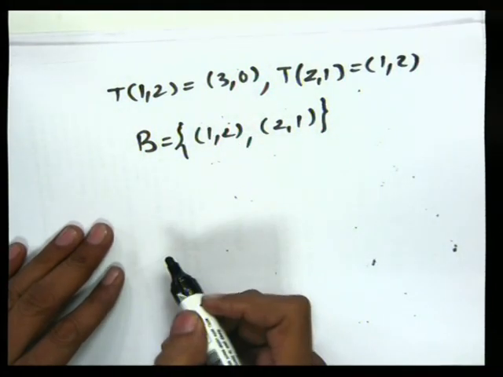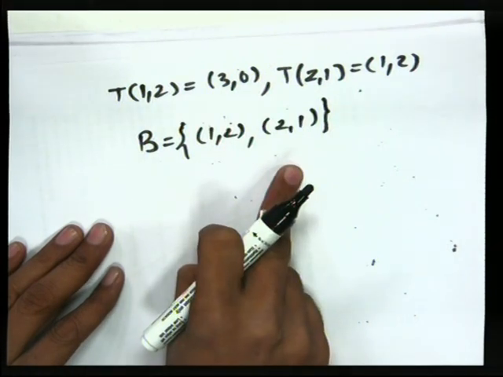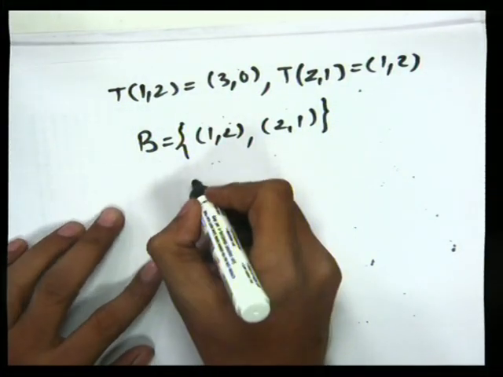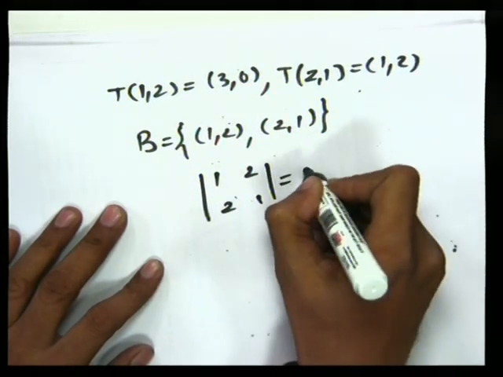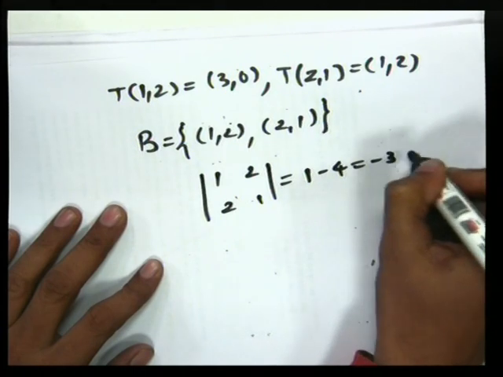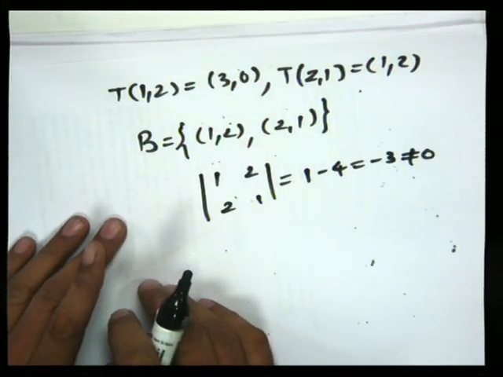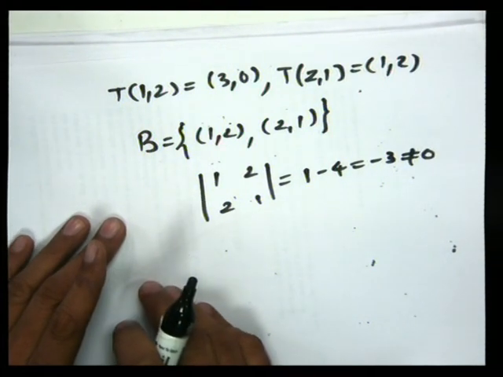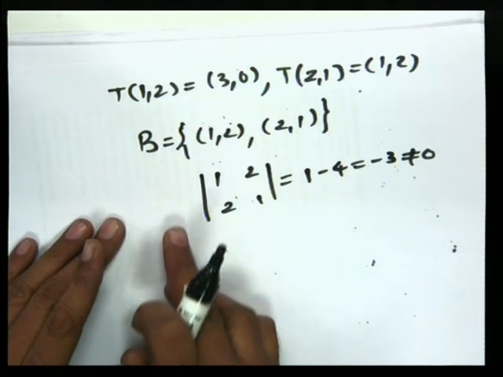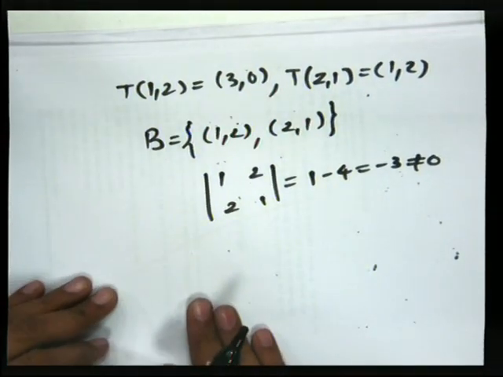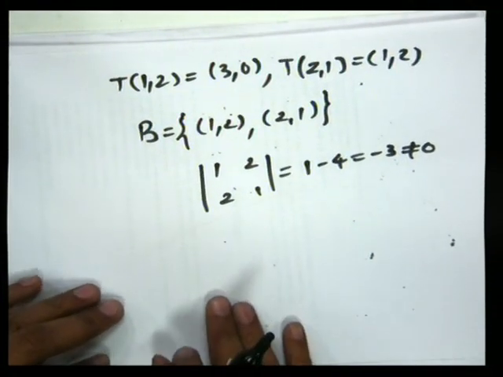It can be easily verified because (1, 2) and (2, 1) are two linearly independent vectors, because their determinant, 1 times 1 minus 2 times 2, is 1 minus 4, which is minus 3, not 0. The determinant of the components of the vectors is not 0, therefore it forms a basis because it is a linearly independent set, and we can show that it spans the vector space R2. So B is a basis of R2 here.